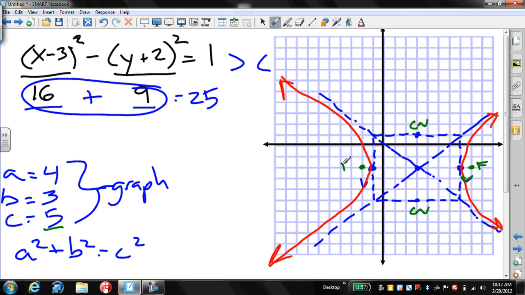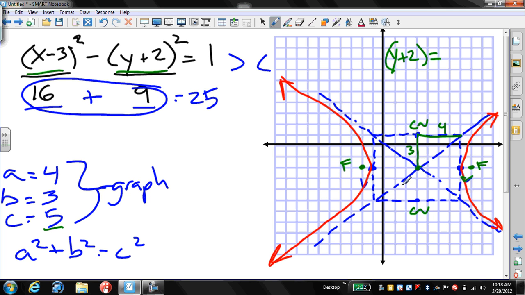And the other big thing is I want to write the equation of our asymptotes, the diagonal lines here. So I'm going to pick the center point and write in point-slope form. It's simply going to be y plus 2. And where am I getting the center information? I'm taking it right from the original equation. Equals, and our slope. Now how do we get the slope here? Well, our slope is up 3 and over 4, so there's our slope, 3/4.